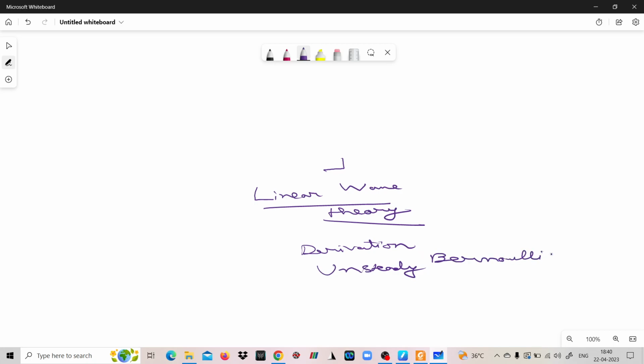So, in today's session, we'll try to see the derivation or the idea behind this unsteady Bernoulli's equation, how it is derived, what is the idea, and then we'll solve a very simple problem, because already a lot of problems have been taken up during the actual lectures.